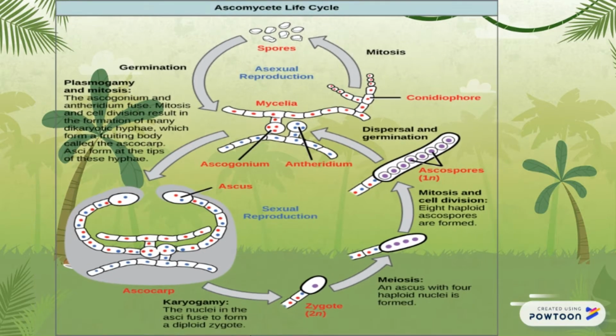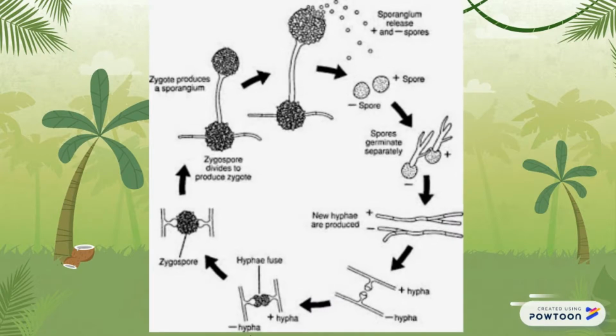How do fungi reproduce? Fungi reproduce asexually or sexually. Asexual reproduction usually occurs when nutrients are sufficient for the needs of fungi to reproduce genetically identical organisms. Sexual reproduction takes place when the conditions are poor and nutrients are scarce.